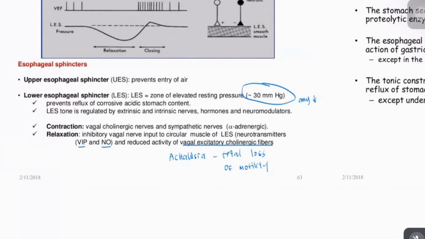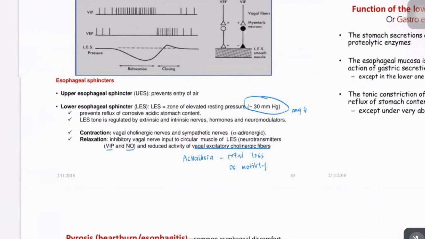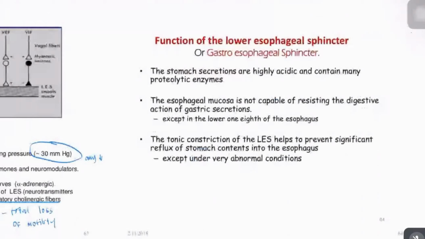Okay? And it reduces activity of your vagal excitatory cholinergic fibers. Your achalasia is the total loss of gut motility of your LES. Okay? Next.